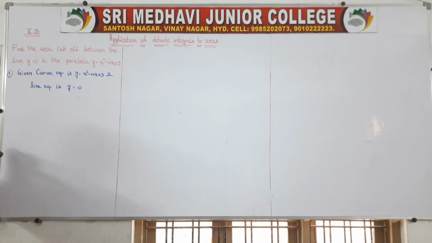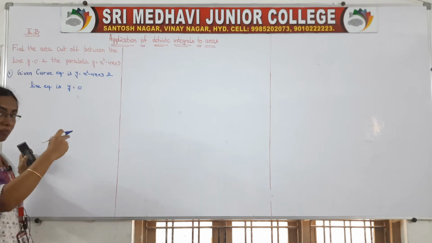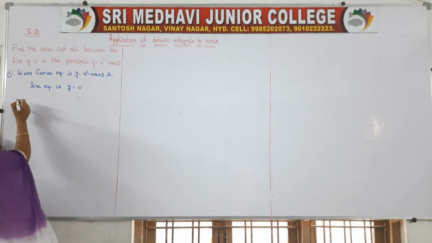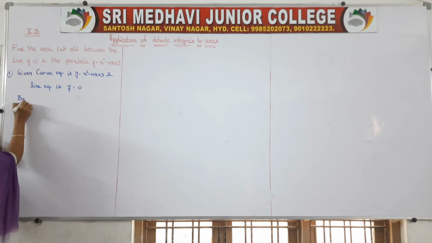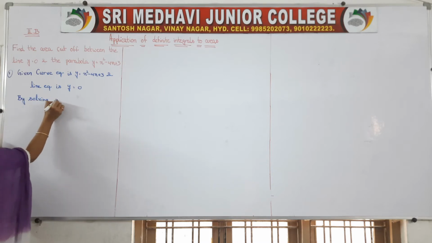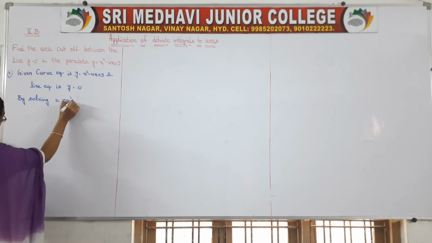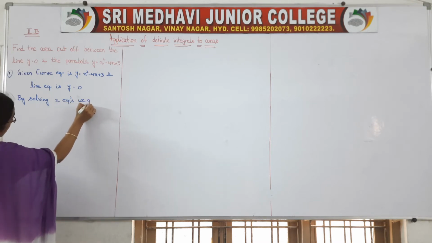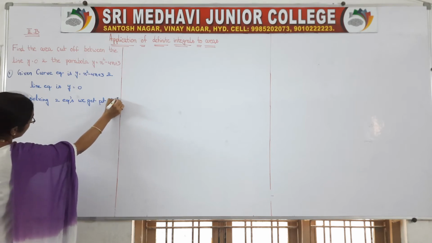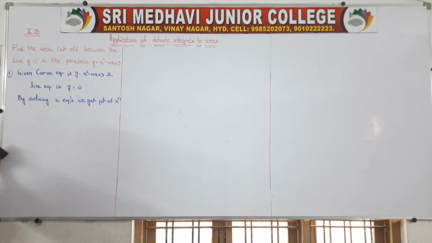Y is equal to 0. By solving these two equations, we will get their point of intersection, right? So by solving two equations, we get the point of intersection of the curve and the line.